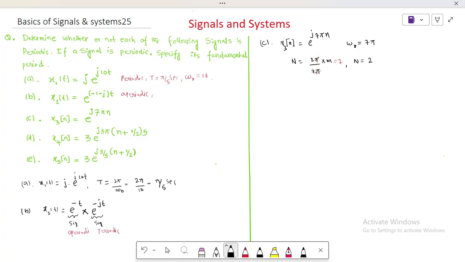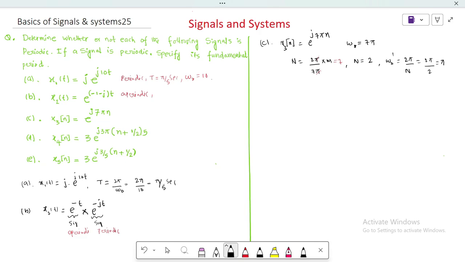You know why we are taking m; I have already given the information. A discrete signal is defined for integer values of time, so the time period must also be an integer value. The fundamental frequency formula is 2 pi by n, equal to 2 pi by 2, so 2 gets cancelled.